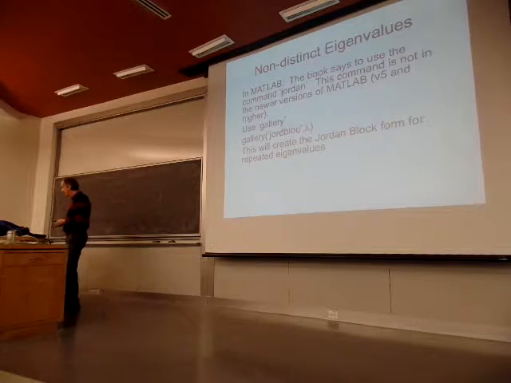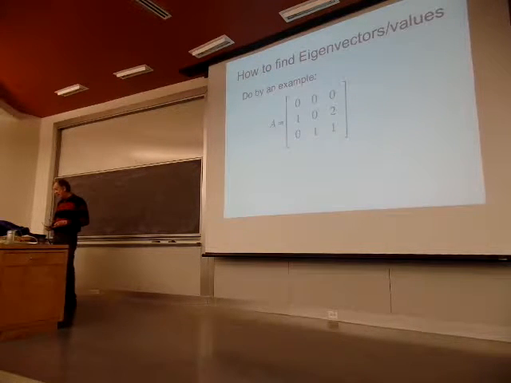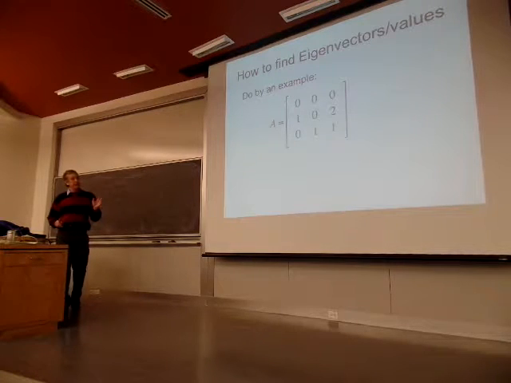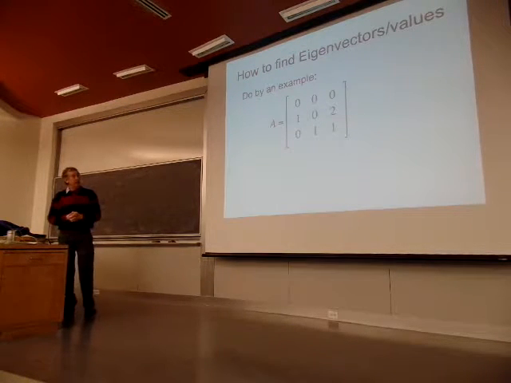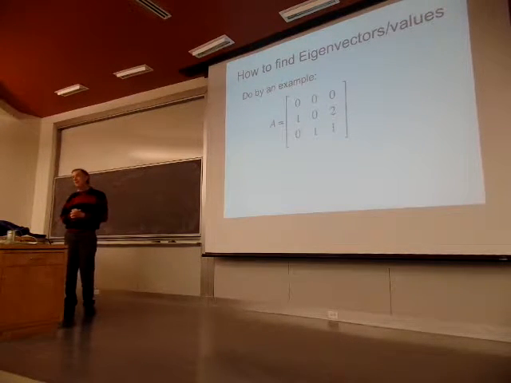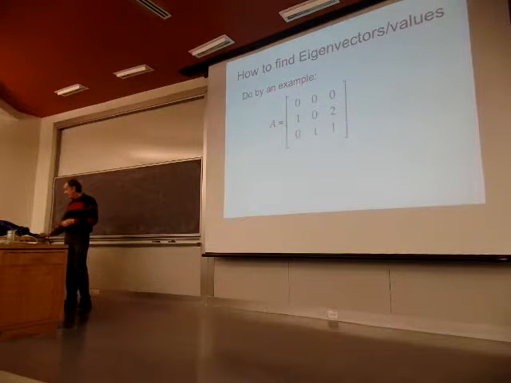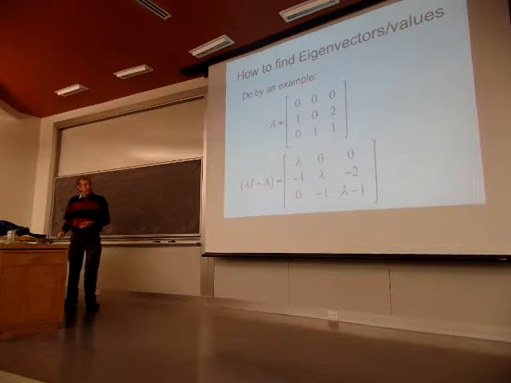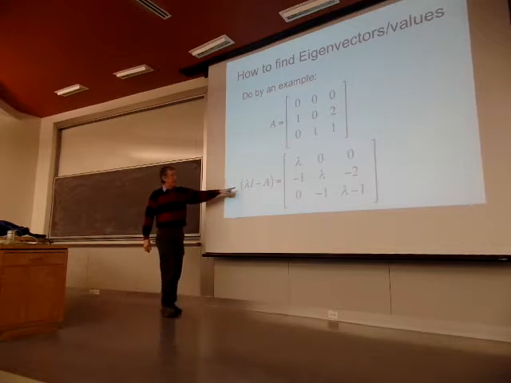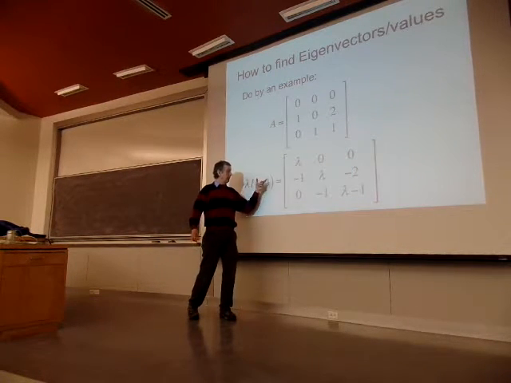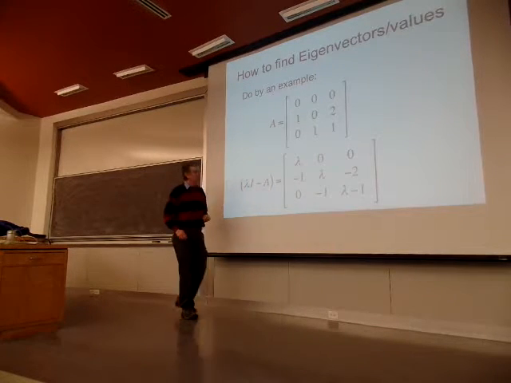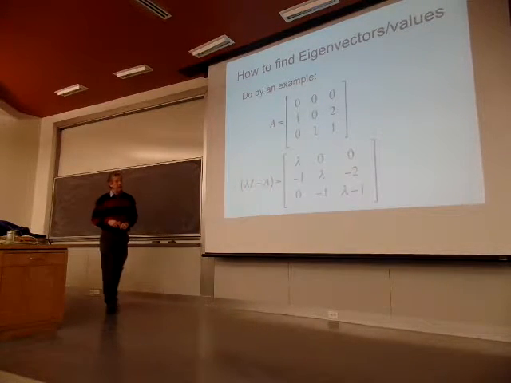Okay. All right. So let's remember how to find eigenvalues. Let's keep it simple. I have this A matrix. You know that lambda I minus A, or A minus lambda I, doesn't matter. I can solve for it.